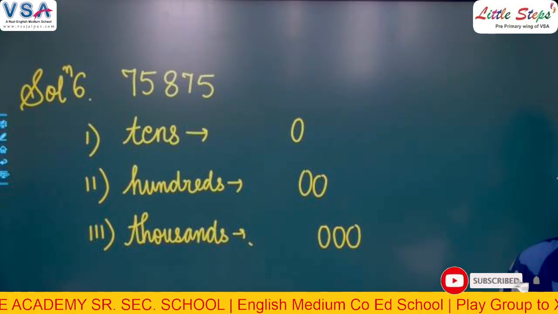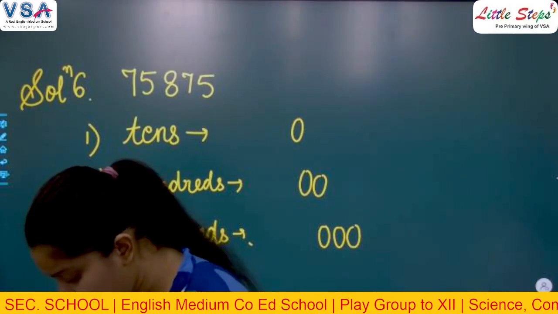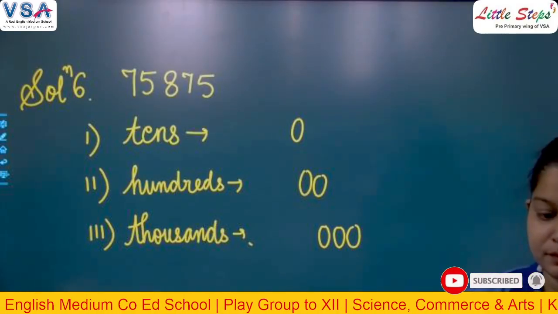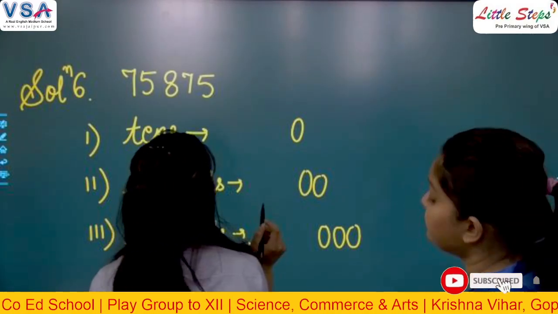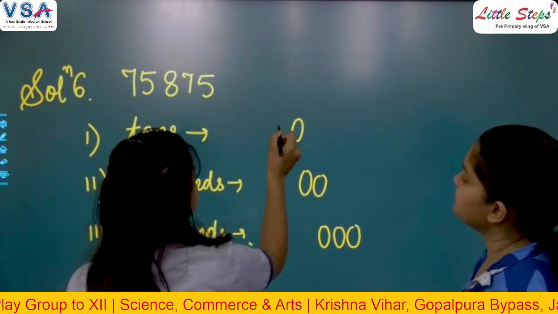Yes, Dia. What are you saying? Yes, come, Dia. Dia wants to come and solve the question. Very good, Dia. So how will we do this? Tell me. 8. Yes, very good.